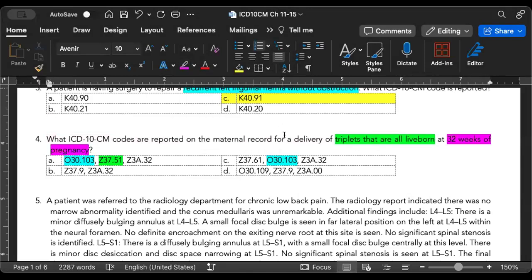So we would go to pregnancy once again in the alphabetic index. And then there should be a weeks of gestation. I'm going to show you guys a little trick here once we get to the alphabetic index for pregnancy and then weeks of gestation.